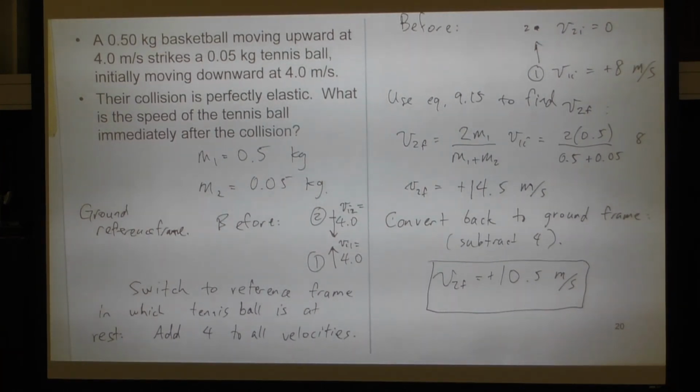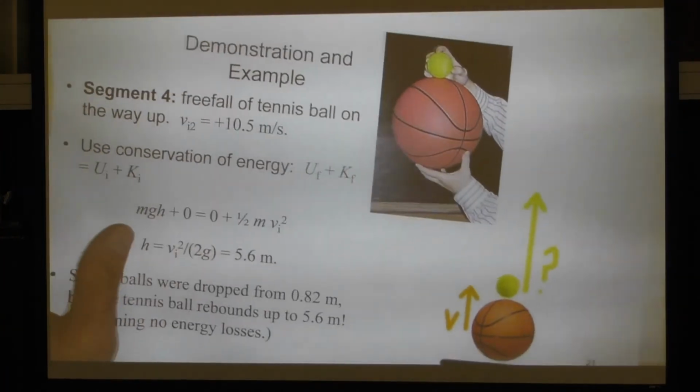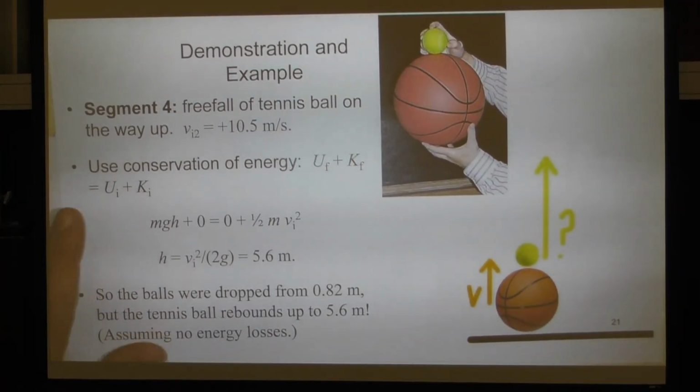Okay. And then segment 4 is just, I guess, I wanted to know how high the tennis ball goes before it comes back down and hits you all. That look okay? So segment 4 is that you've got a free fall of a tennis ball on the way up.